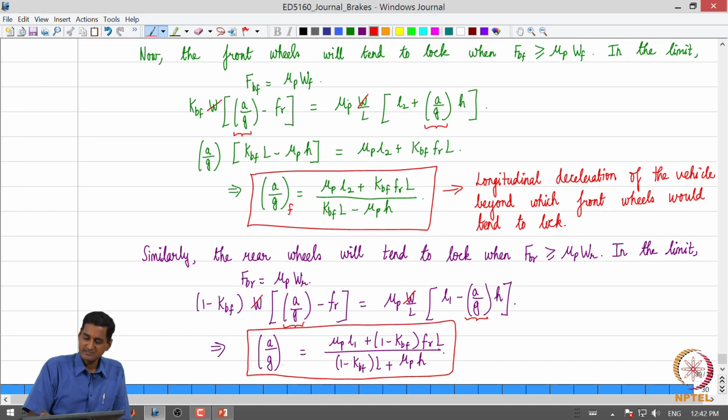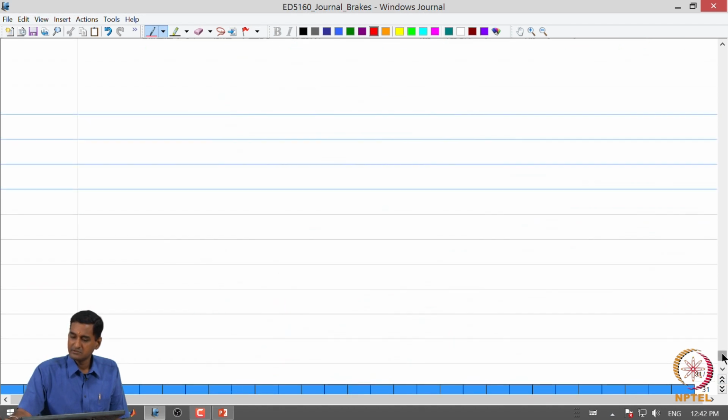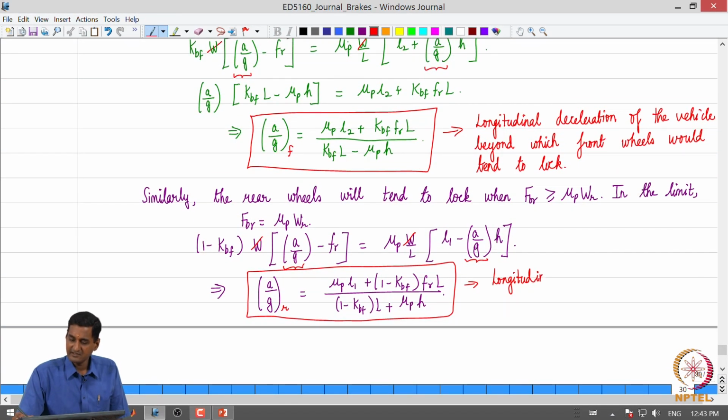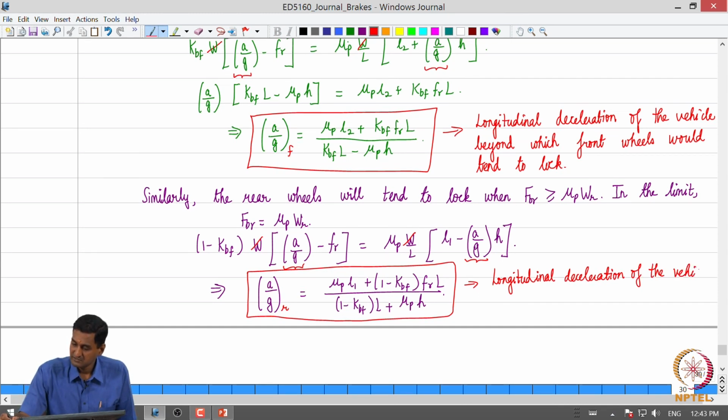So, let us put a subscript R. So, this is once again the longitudinal deceleration of the vehicle beyond which rear wheels would tend to lock. Okay. So, that is the meaning of this expression, right.